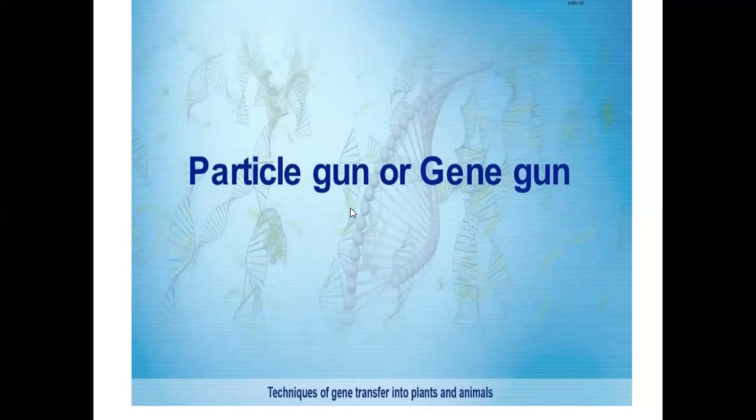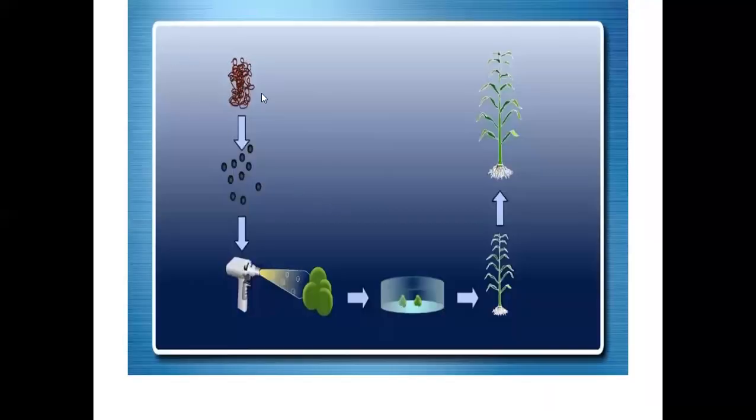The selected tDNAs, means target DNAs, are coated with gold or tungsten to make tDNA bullets.